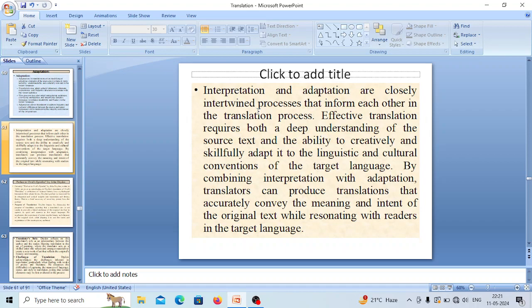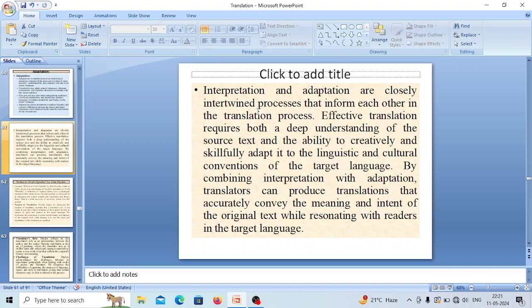Interpretation means first understanding the source text and then rendering it into the target text. So effective translation requires both a deep understanding of the source text and the ability to adapt it skillfully to the target language.